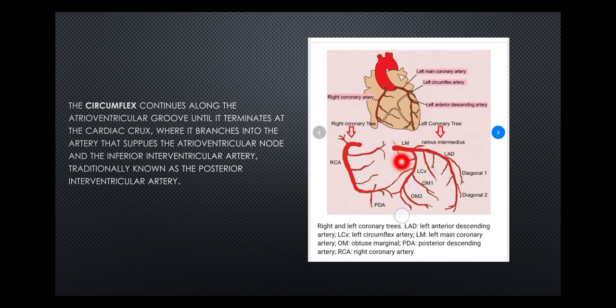The circumflex artery continues along the atrioventricular groove until it terminates at the cardiac crux, where it branches into the artery that supplies the atrioventricular node and the inferior interventricular artery, traditionally known as the posterior interventricular artery.